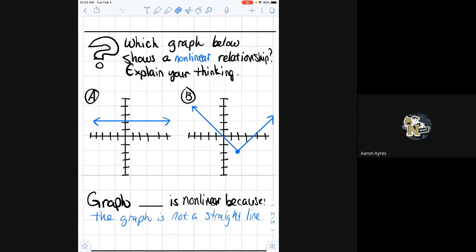Okay, we'll give this a try. And I think that this is the last problem we did. Correct? It's the last problem we did.